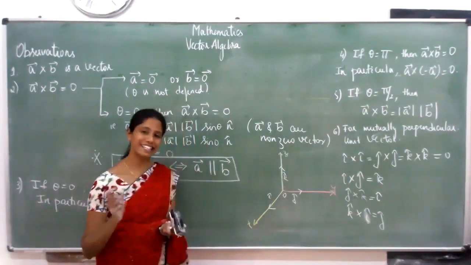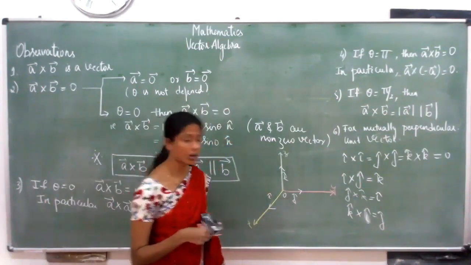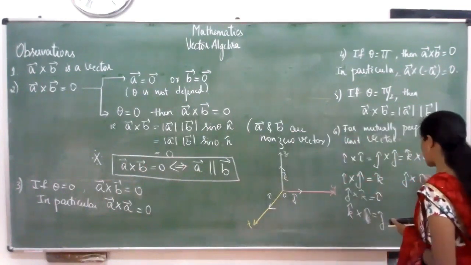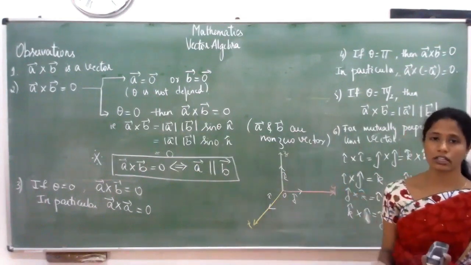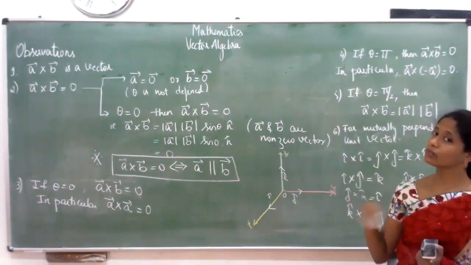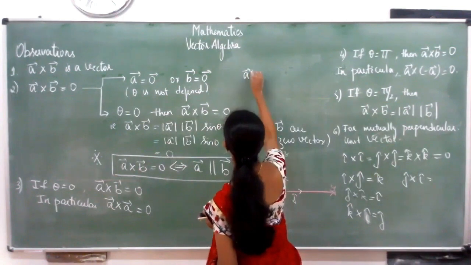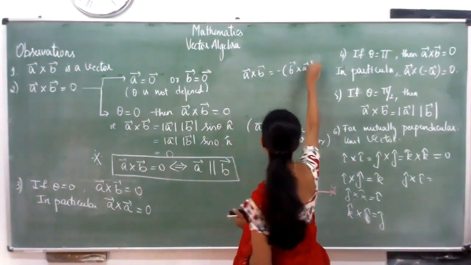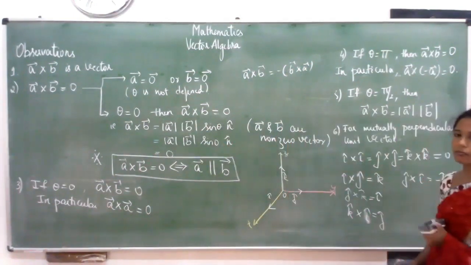Now, if I take J cap cross I cap, what happens? This we can easily see because I've already discussed it in the definition. We have already shown that vector A cross B is equal to minus of vector B cross A. So, this will be equal to minus K cap.